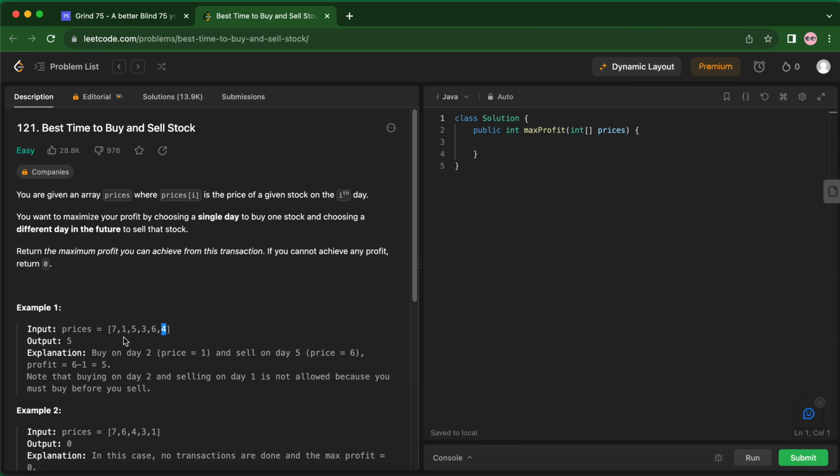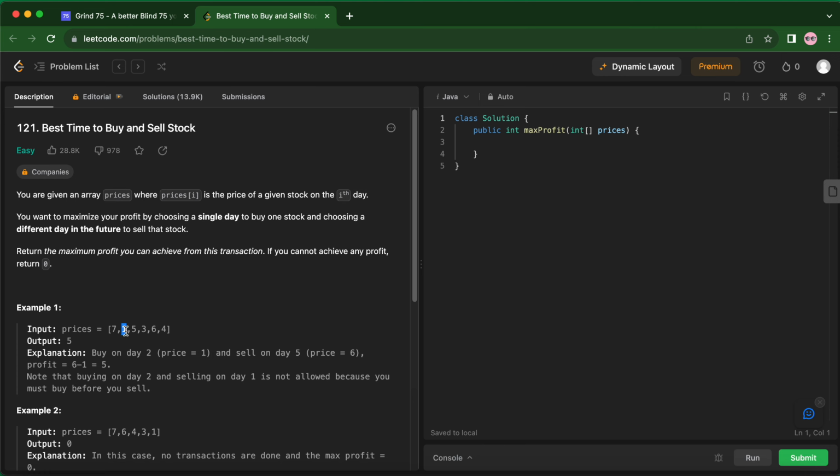There can be several approaches. We'll go with the most efficient approach right now. Before we jump to the solution, think of it like this. When you are buying at 7, you cannot sell at 1, right?